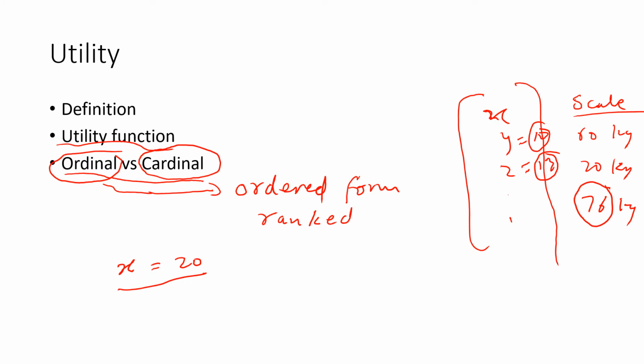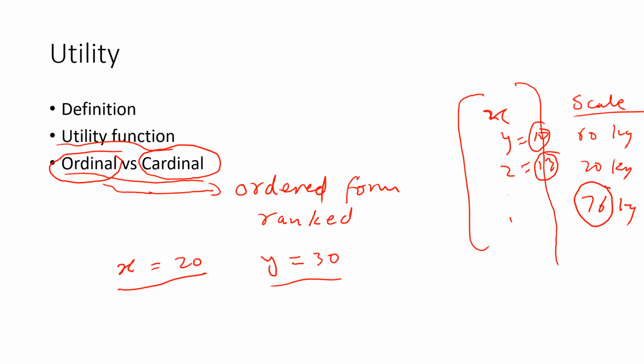Then you meet another friend of yours, named Y, and you ask him the same question, and he tells you that his utility from the consumption of a chicken piece is 30.